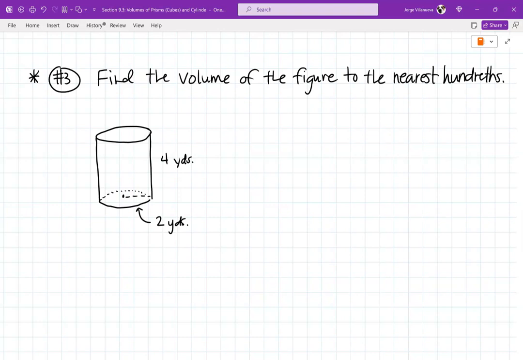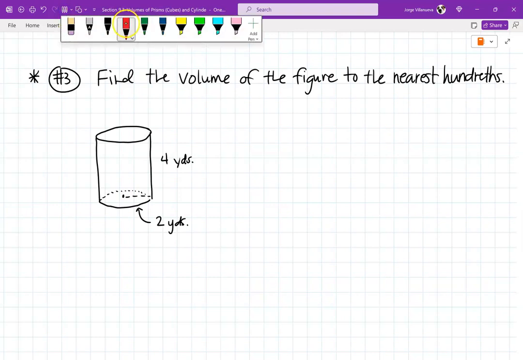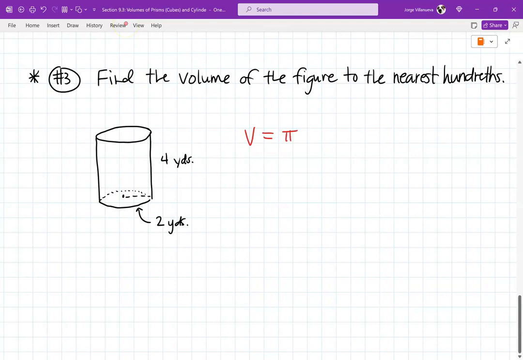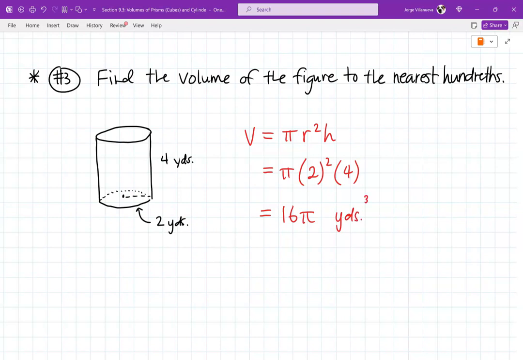According to the formula, it's pi r squared h. Pi times r, which is 2, squared, times h, which is 4. I can do this by hand, but then I have to figure it out in hundredths. 2 squared is 4, 4 times 4 is 16, so 16 pi is my answer, but not the way they want it. That's 16 pi cubic yards.